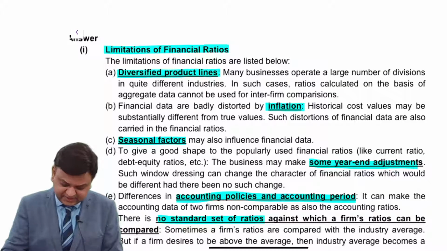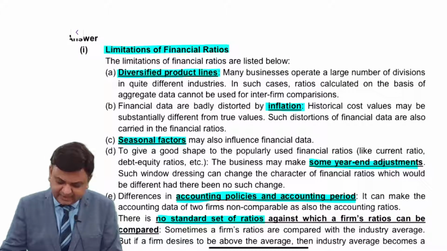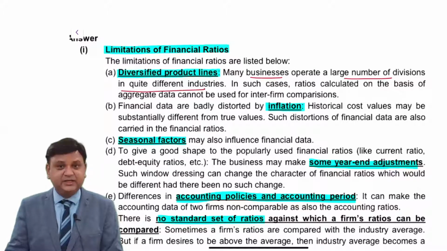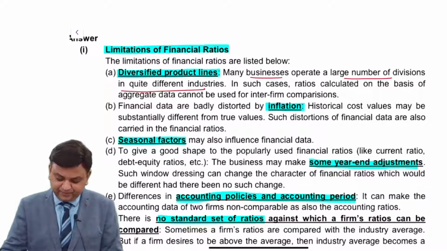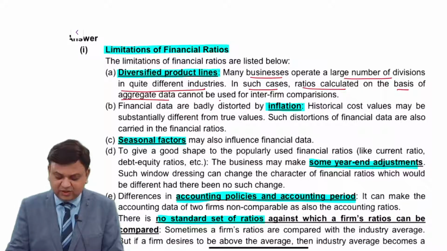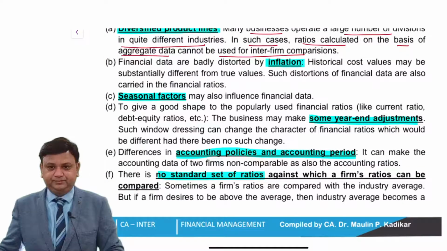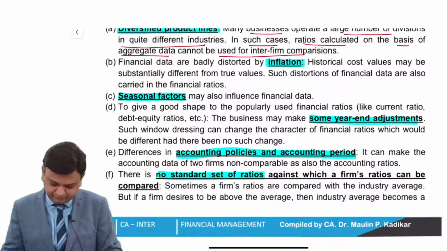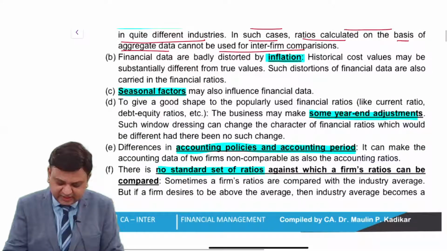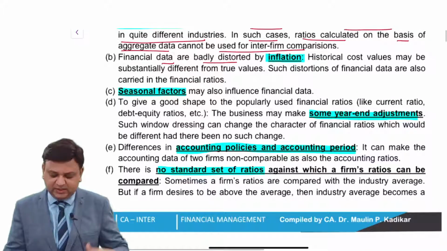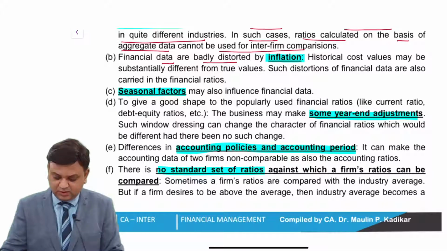Diversified product lines. Many businesses operate in a large number of divisions in quite different industries. In such cases, ratios calculated on the basis of aggregate data cannot be used for inter-firm comparison. Financial data are badly distorted by inflation.